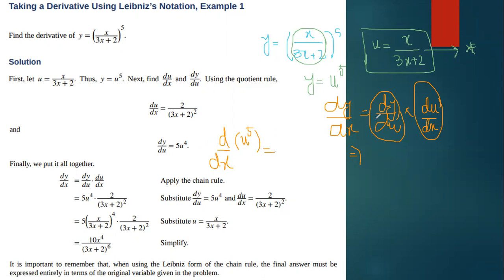This is my first value dy upon du. तो ये मेरे पास पावर रूल से आ जाएगी 5 u to the 4.